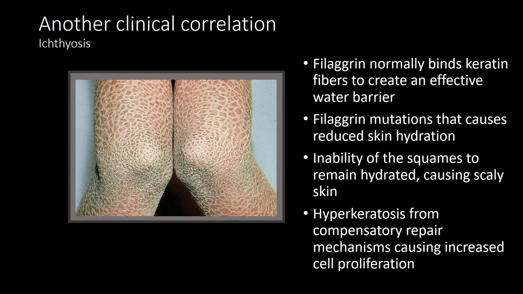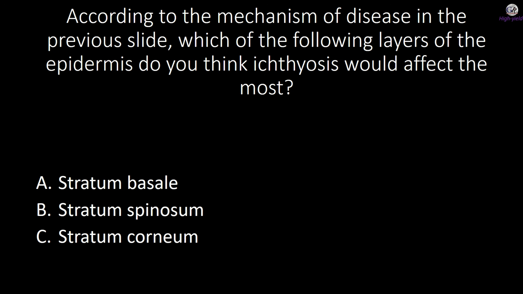And so you get hyperkeratosis. And so you end up getting a lot of keratin that is produced in this scaly skin to try to protect the skin and to stay more hydrated. So you get this compensatory response in the body from lack of hydration. You end up having these patches of scaly skin. And that goes along with that.